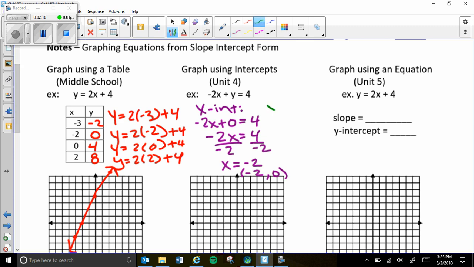Then to solve for the y-intercept, I plug in 0 for x. Anything times 0 is 0, which leaves me with y equals 4. Remember, x is always 0 when we're solving for our y-intercept. So 0, 4 is my ordered pair.